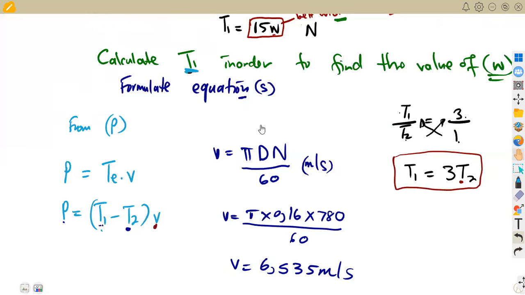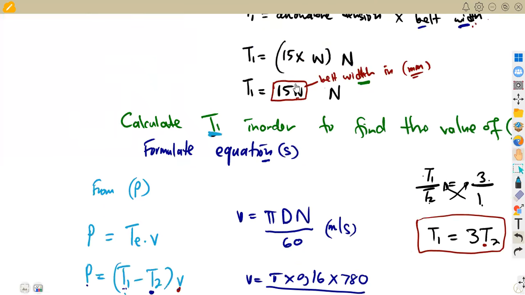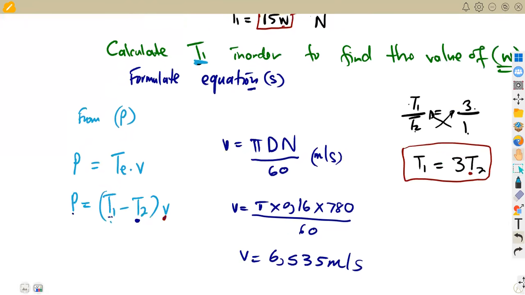P is the power, which is 8 kilowatts. Remember, kilo means 1,000, so that's 8,000, or 8 times 10 to the exponent of 3. So we have 8,000 equivalent to T1 minus T2 times the velocity, 6.535, the velocity that we calculated here.